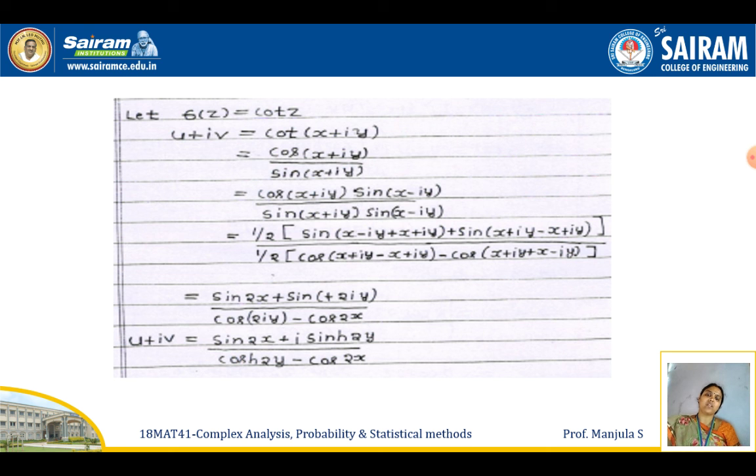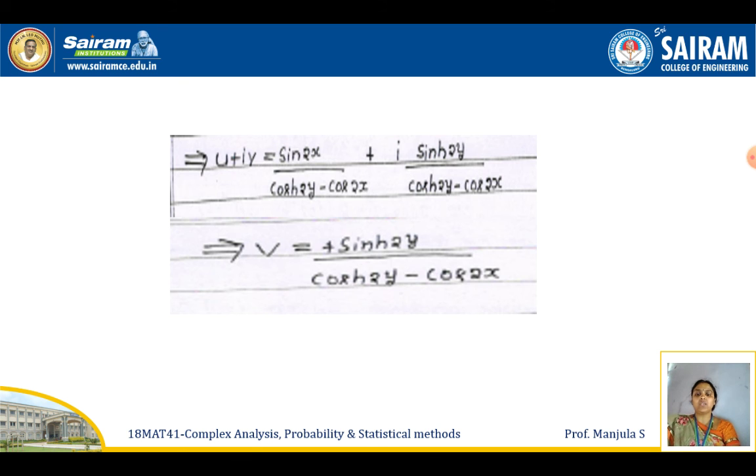We can use the formulas for cos a into sin b and sin a into sin b, and with their help we can simplify this. After simplification, we can write this as u plus iv. F of z is nothing but u plus iv, which can be written as sin 2x plus i into sin hyperbolic of 2y divided by cos hyperbolic of 2y minus cos 2x.